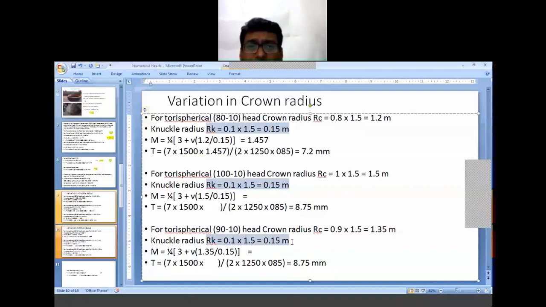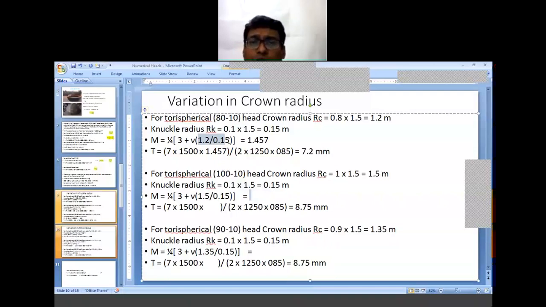So I can calculate the value of M, the stress intensity factor, which will be 1.2 under root of 0.15, that comes as 1.457.